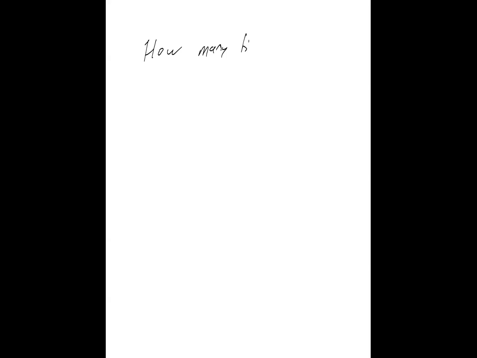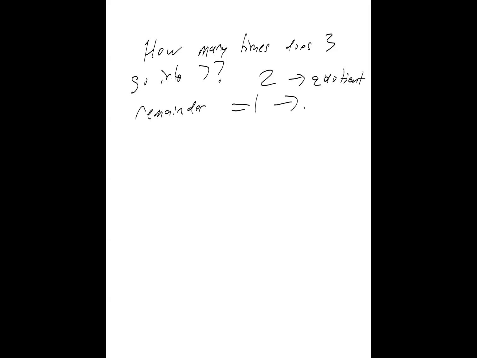Twice. That 2 is called the quotient. But what's the remainder though? 1. Yeah, the 1, and that's called the remainder.